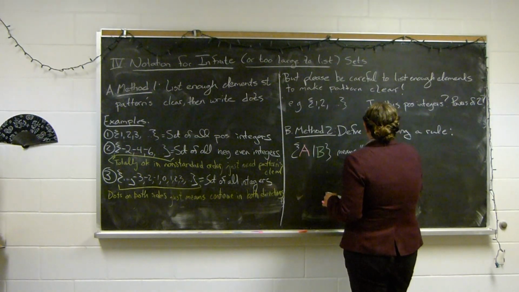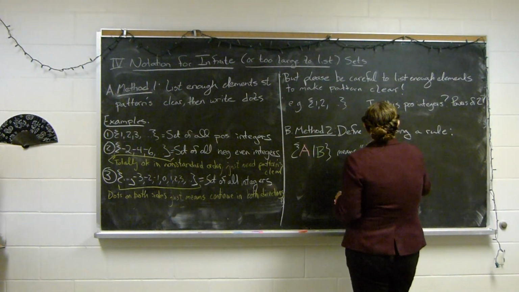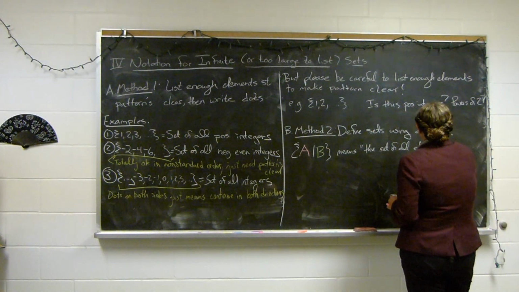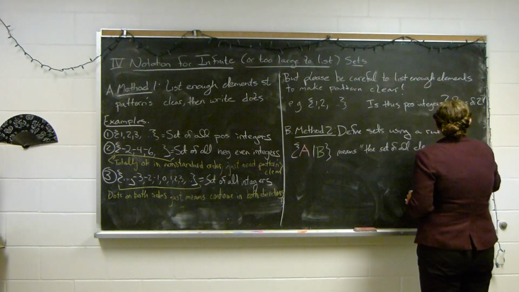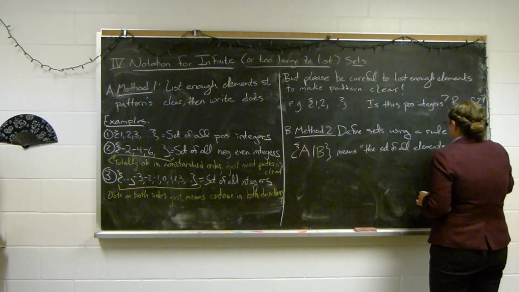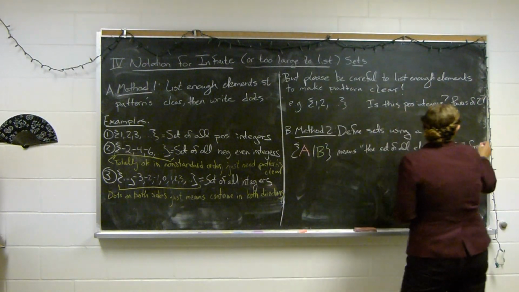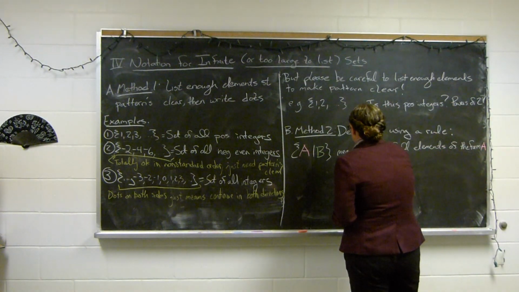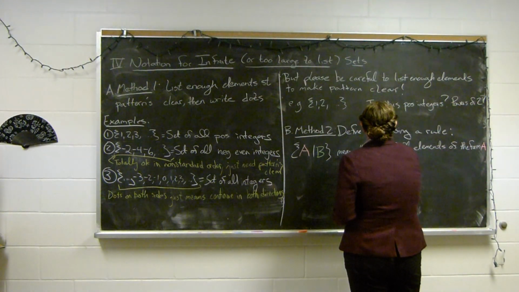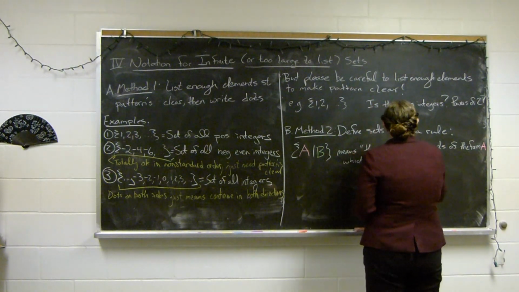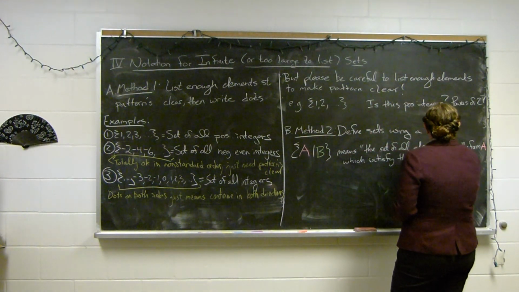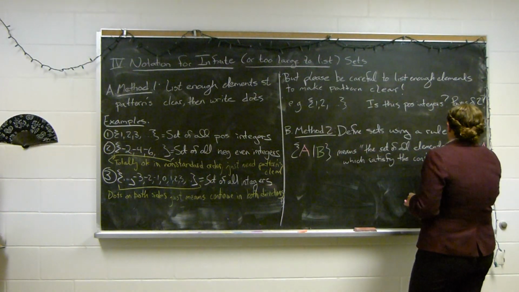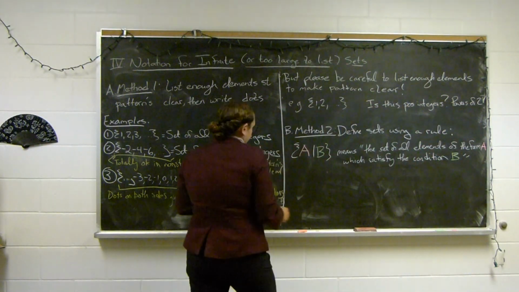This is the set of all elements of the form A which satisfy the condition B. Okay, that might seem unclear for the moment, so let's show you some examples.